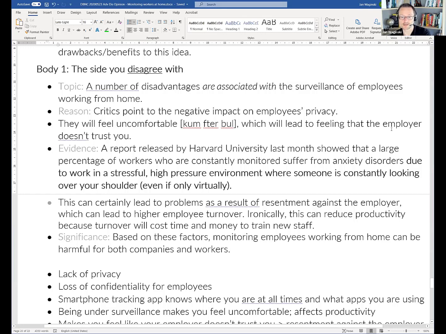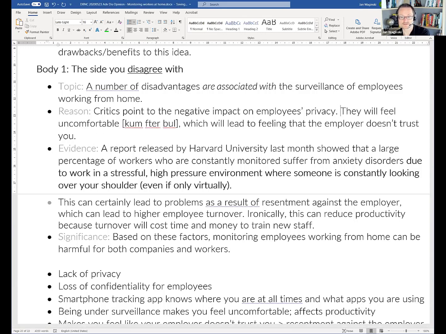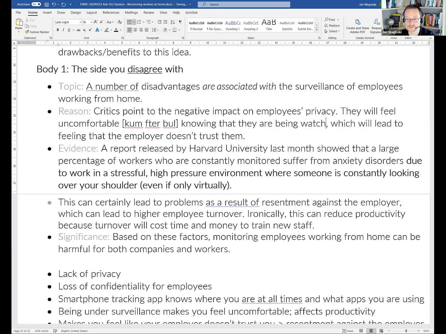They will feel uncomfortable, knowing that they are being watched all the time, which will lead to feeling that the employer doesn't trust them.